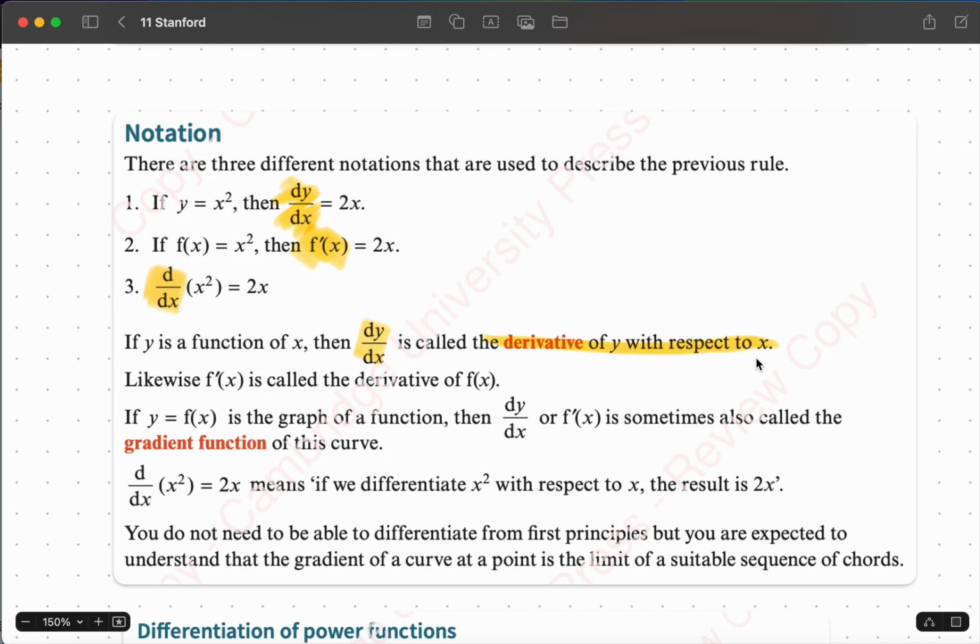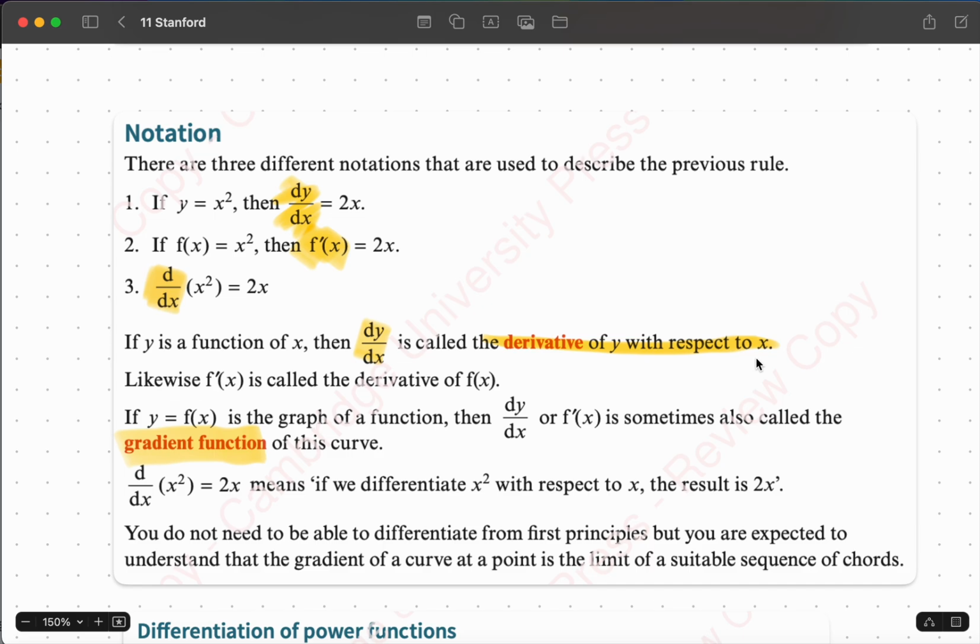If y equals f(x), the graph of the function, then dy over dx or f prime x is sometimes called the gradient function of the curve. So the gradient function means the derivative also. And the last one, d over dx of x squared equals 2x, means that if we differentiate x squared with respect to x, the result is 2x.